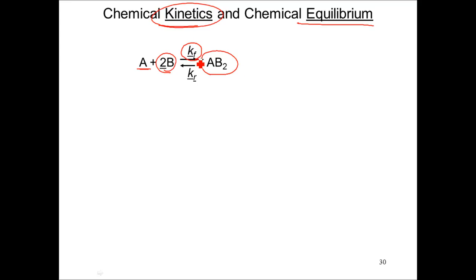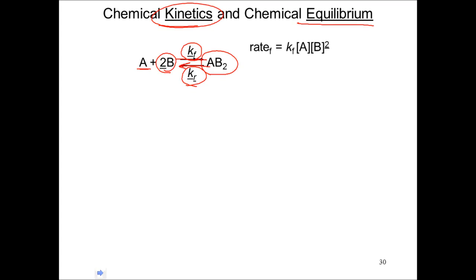On slide 30, continuing our discussion of chapter 15, let's discuss chemical kinetics' relationship to chemical equilibrium. Let's say we have a reaction where A and 2 moles of B are going to form AB2. We would look at the rate constant of the forward reaction going towards the products. Reversing this towards the reactants, we would find the rate constant reverse.